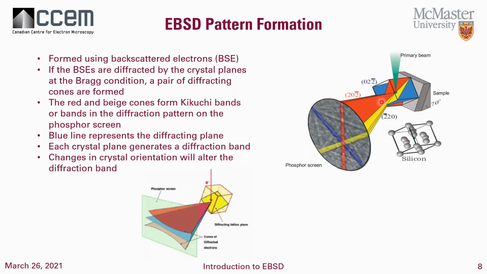And because you'll get the beam hitting the surface and interacting with different points on the unit cell, we will get these different bands being formed, which get projected onto the screen.